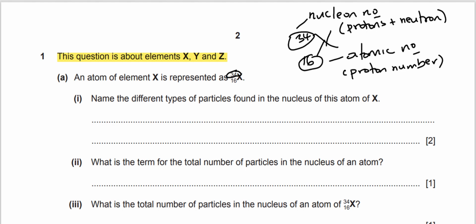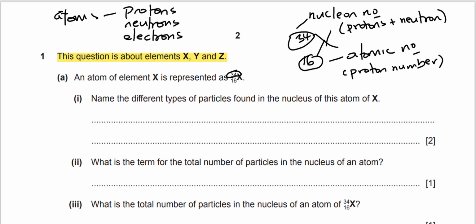Fine. So we are told to name the different types of particles found in the nucleus of this atom of X. Now, what are the particles present in an atom? In an atom, we have the protons, neutrons, and electrons present in the atom of an element, right?